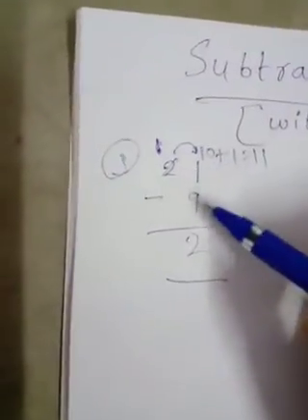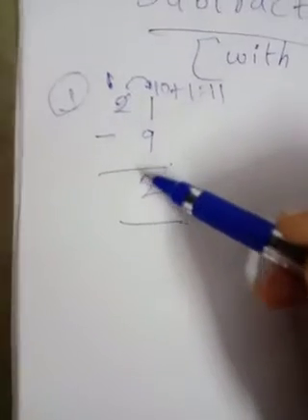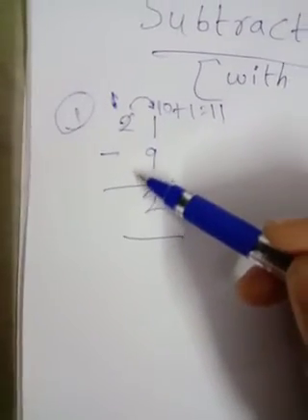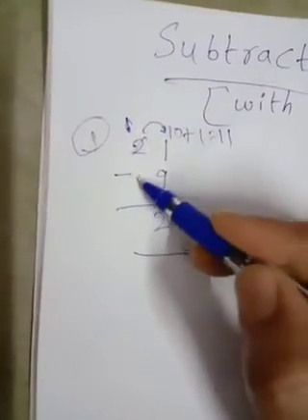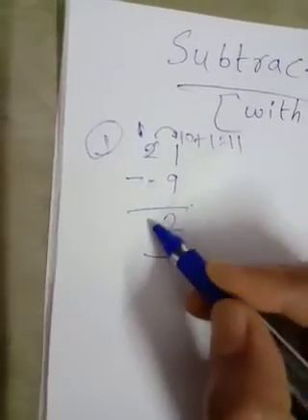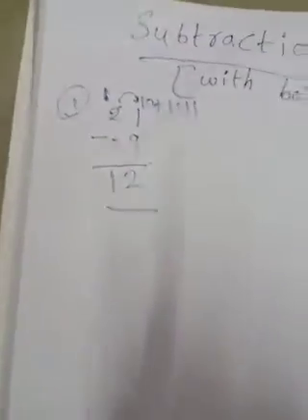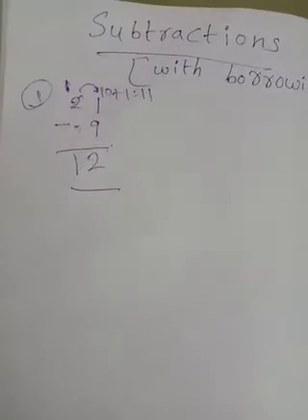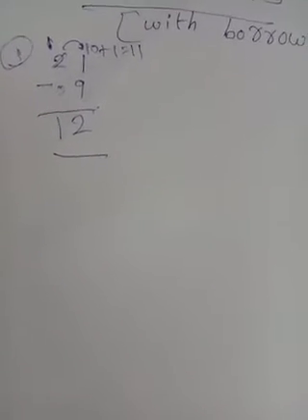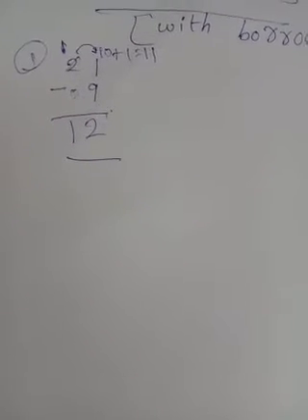So 2. In tens, is there anything to subtract? No, so 0. 1 minus 0 is 1. So 21 minus 9 equals 12.